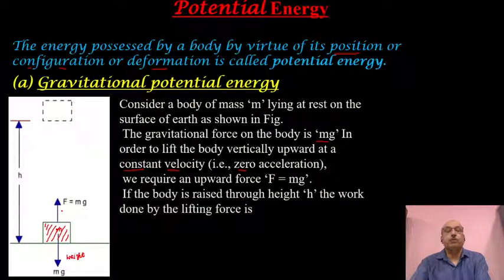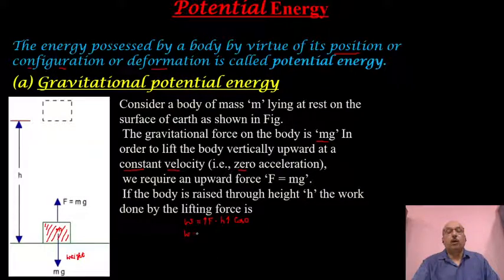If we lift this with a height h, the work done by the force will be W is equal to force into displacement. Displacement is h. The force is vertically up, and the height is vertically up, so the angle between them is 0.